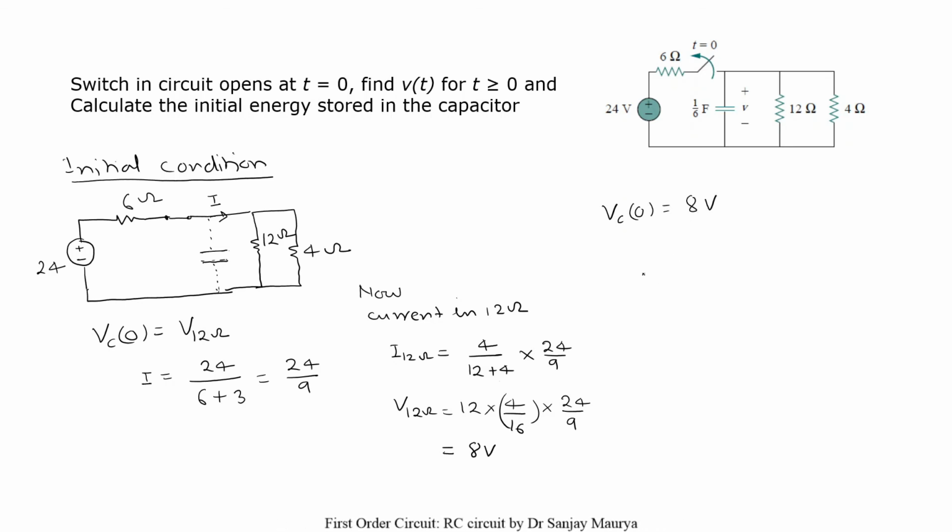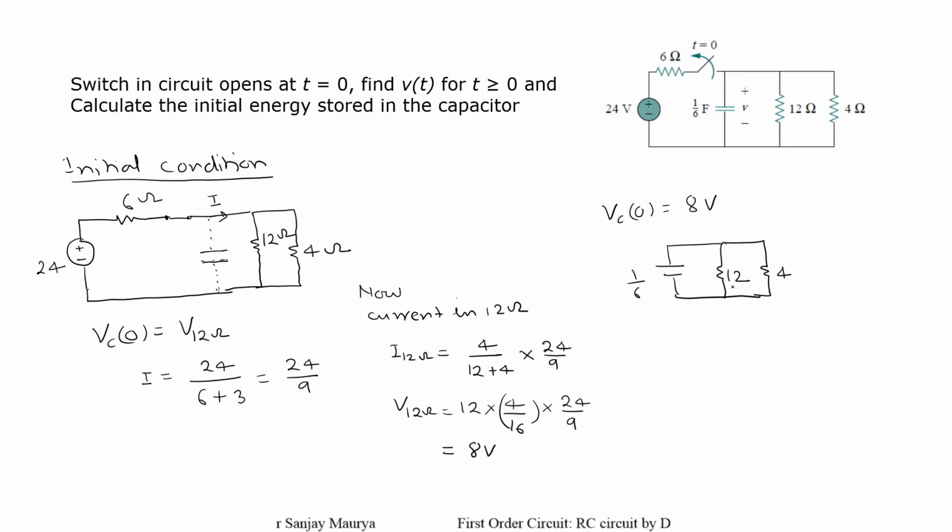Now the next aim is to determine the value of the time constant tau, equal to R equivalent C. So I'm going to redraw this circuit. In the circuit, this 6 ohm and 24 volt will not be present. Now, what will be the value of R equivalent? Again, I'm going to remove this C and look at these two terminals.